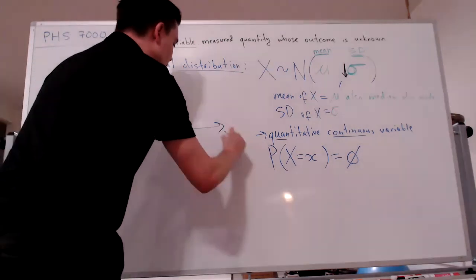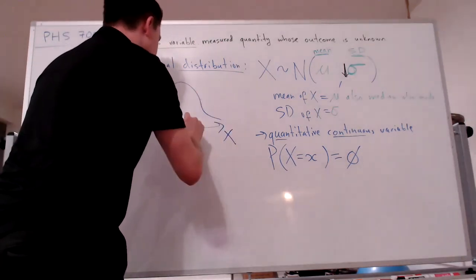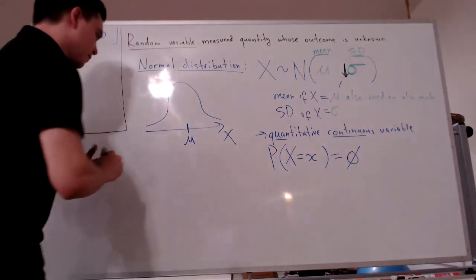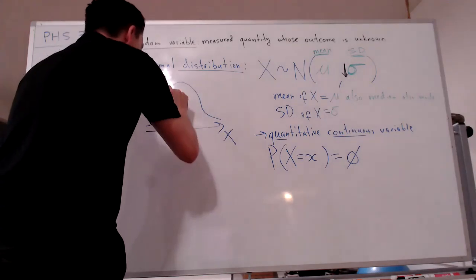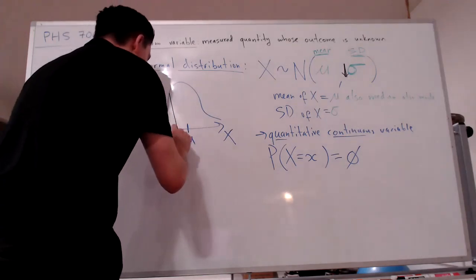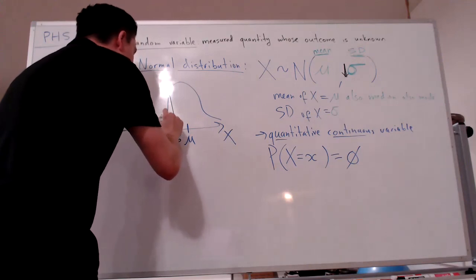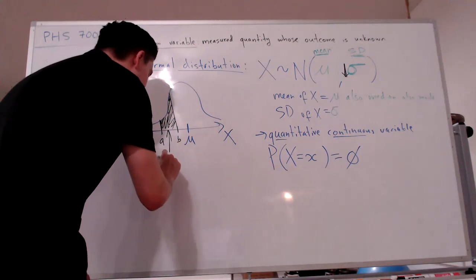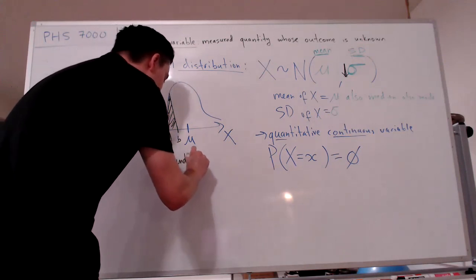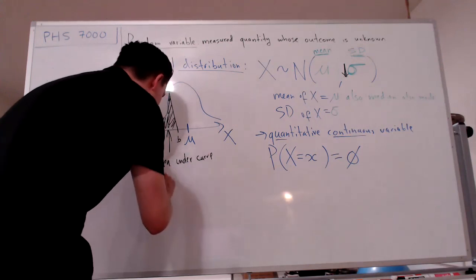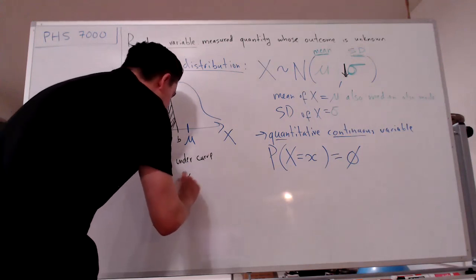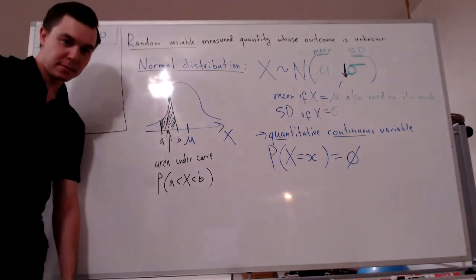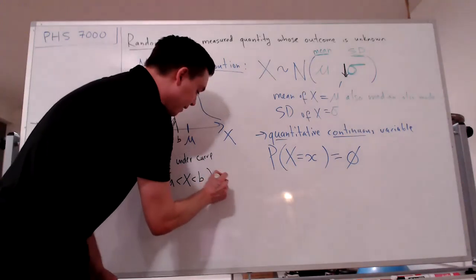So here is my variable, here is my normal distribution, here is my mean. For example, here are two numbers A and B, and it is the area under the curve that is the probability that we are bigger than A and smaller than B. This is going to be not 0.